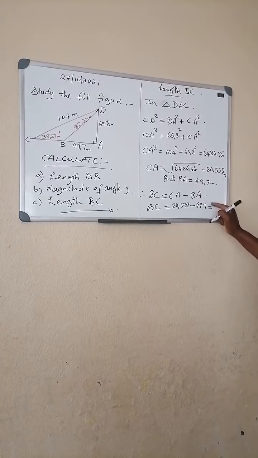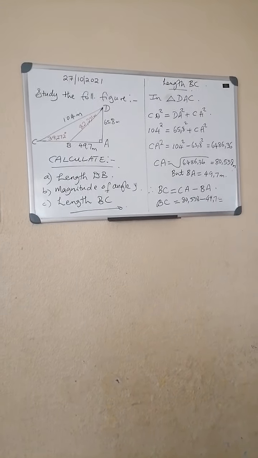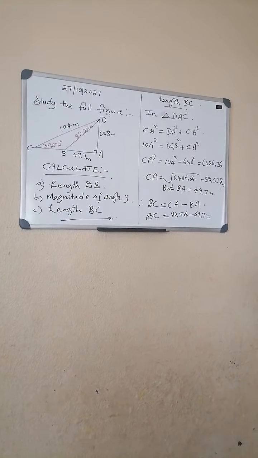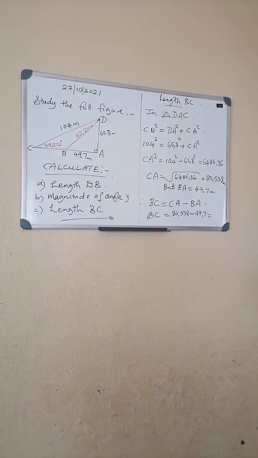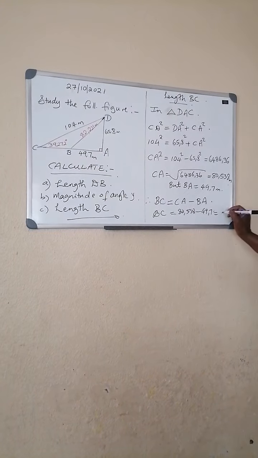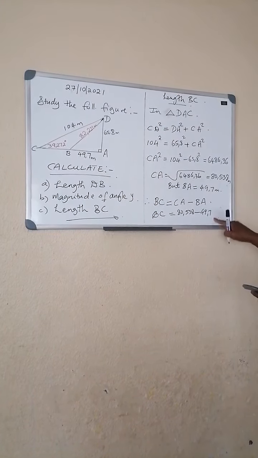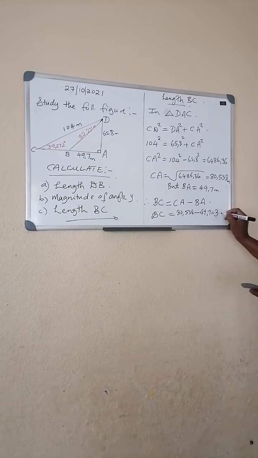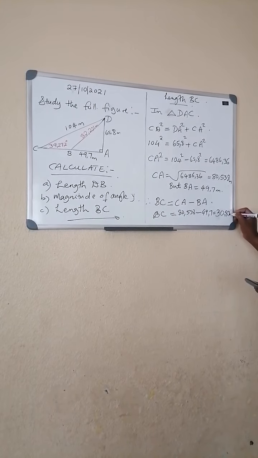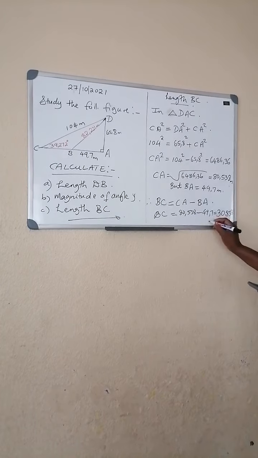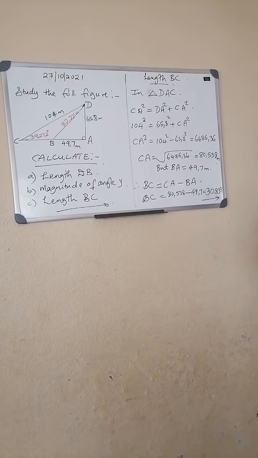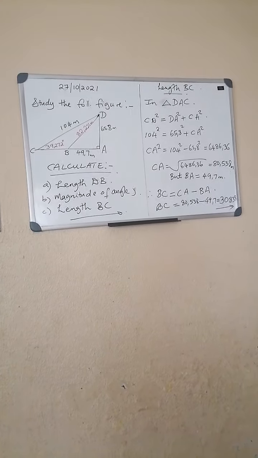Now, this BC will then finally be 80.538 minus 49.7, and this gives 30.838.